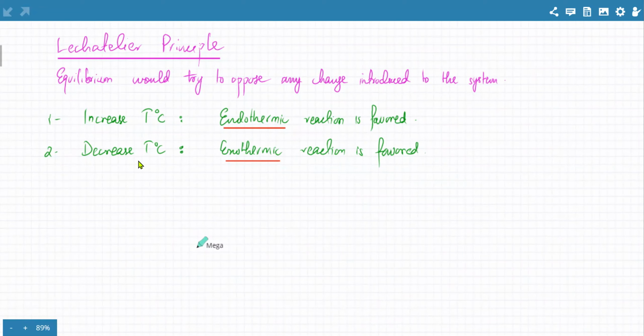For example, you have this reaction happening. So there is N2 reacting with 3H2 and it's in equilibrium with 2NH3.